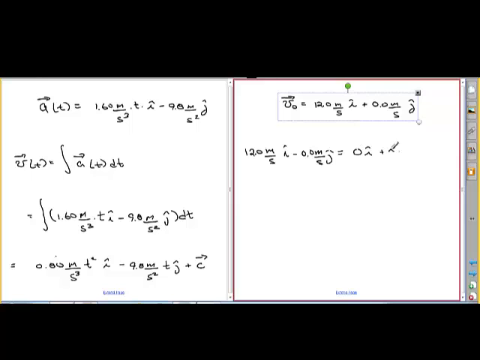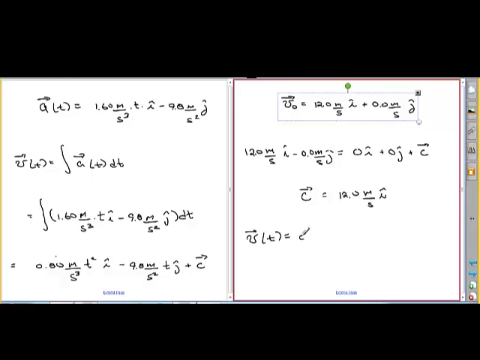That just gives you 0I plus 0J plus my arbitrary constant vector. So my arbitrary constant vector is just equal to 12.0 meters per second I plus 0J. I'm just going to leave that out because it's 0. Okay, so that's my arbitrary constant vector.